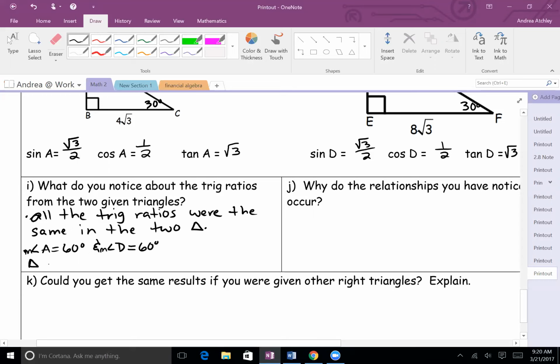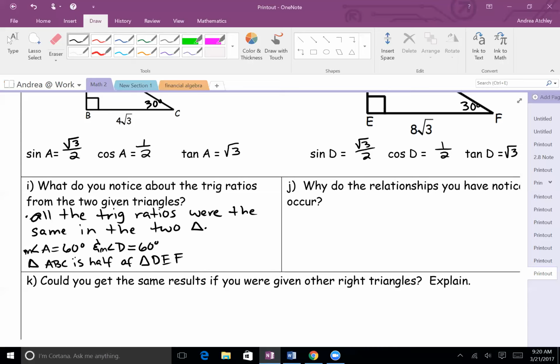Triangle ABC is half of triangle DEF, or you could do it the other way that he said. You can say that triangle DEF is twice as big as triangle ABC. What do we call that? A dilation. Dilation of two.